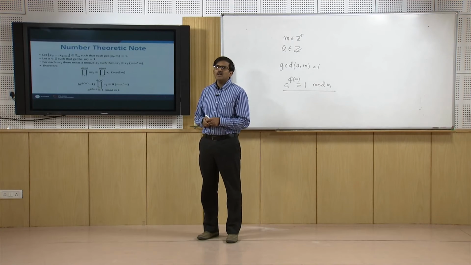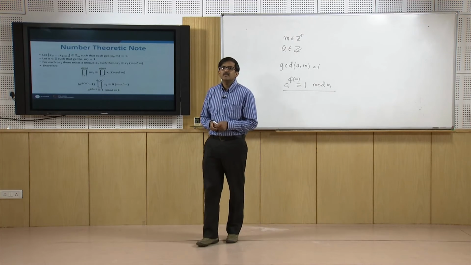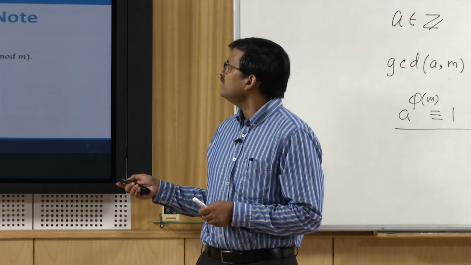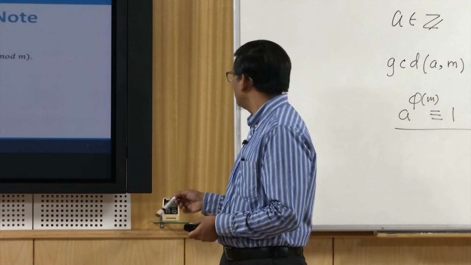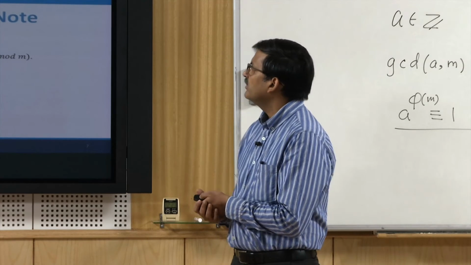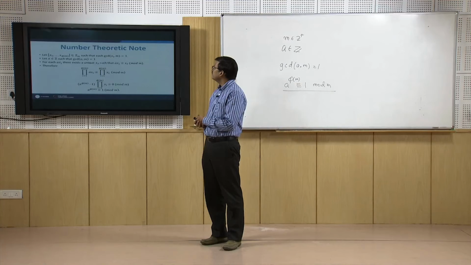To go through the outline, it's mainly like this: I can list down all the positive integers in Z_m which are co-prime to m, like this, x1 up to xm.